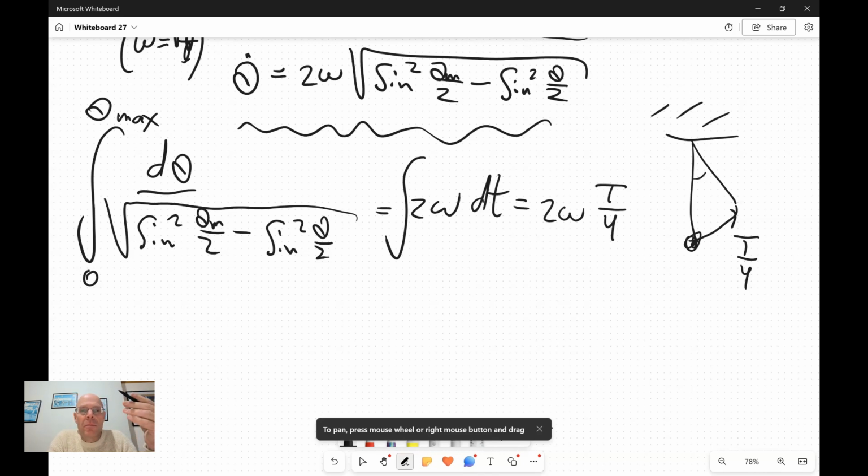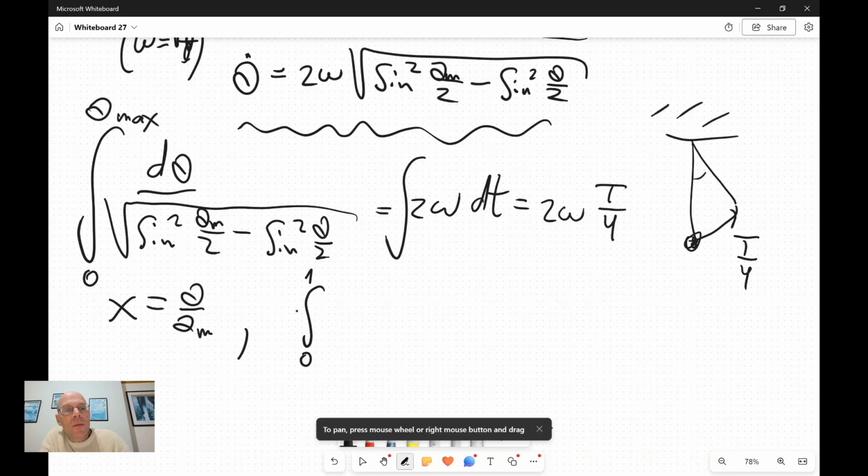It's not an easy integral. We can simplify it a bit by selecting a variable x, which is theta over theta max. And then the left-hand side is the integral from 0 to 1.